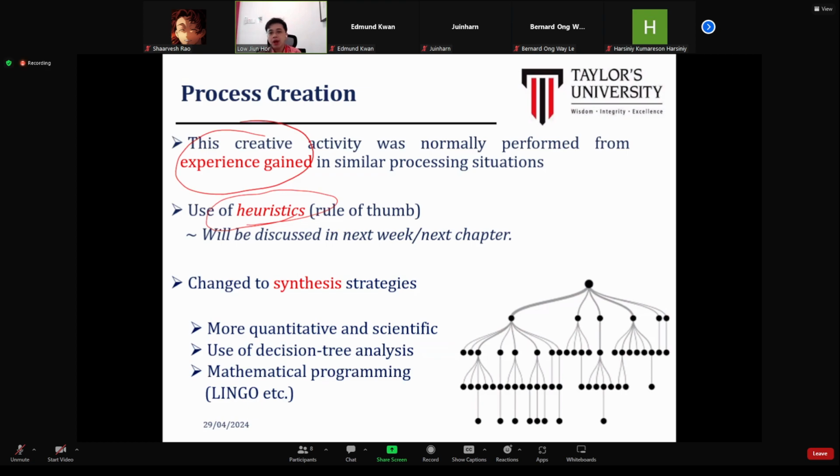For example, if now I want to separate a liquid mixture, there are a lot of possible techniques or processes we can apply to separate a liquid mixture. For example, the distillation process, or what we call liquid extraction.